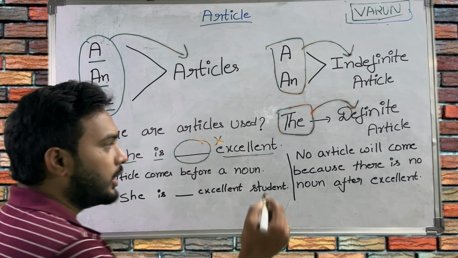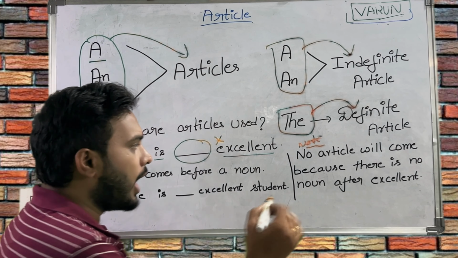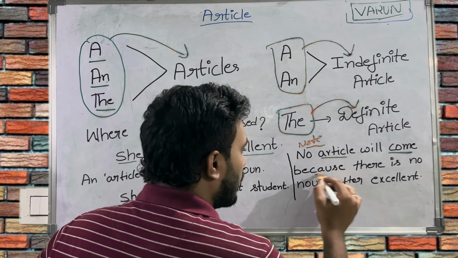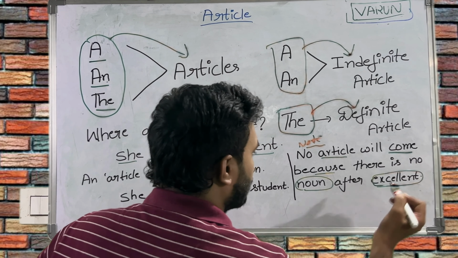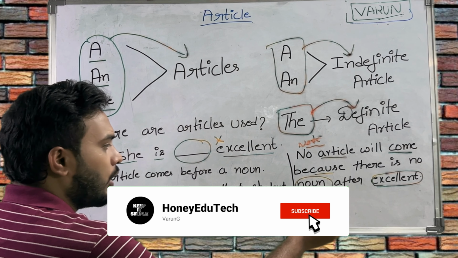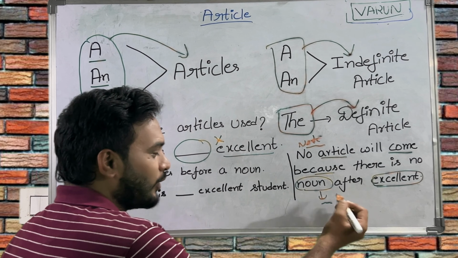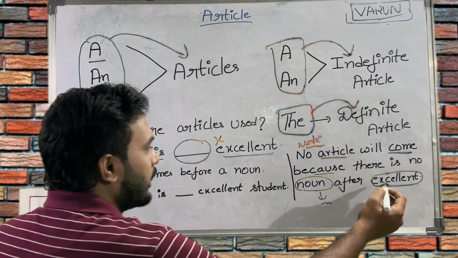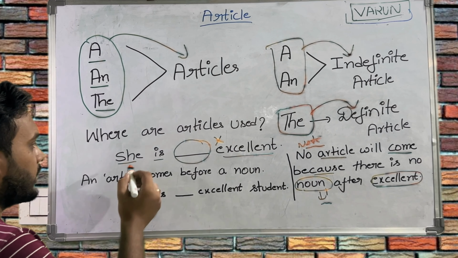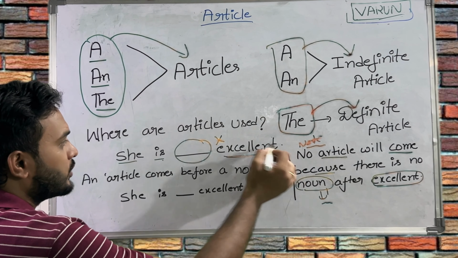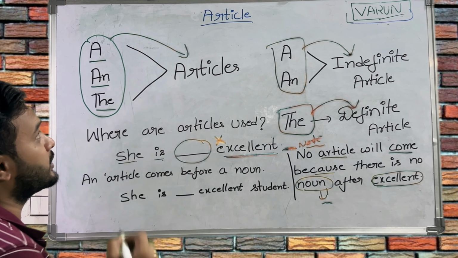Keep this note point in your mind: no article will come because there is no noun after excellent. In articles, the noun plays a crucial role. Whenever there is a noun, only then will articles be placed. Here, C is excellent, there is no noun after excellent, so no article is used.